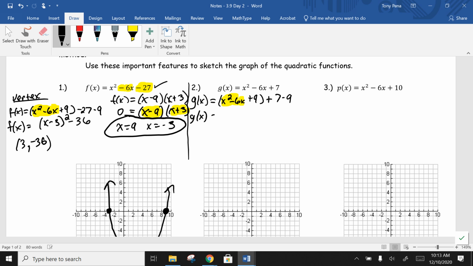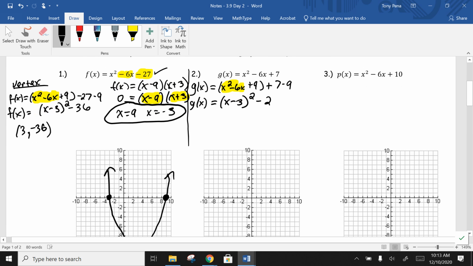So in vertex form, we have that x minus a 3 squared again, and then a minus a 2 on the backside. So our vertex should be 3, negative 2. So that's our vertex.